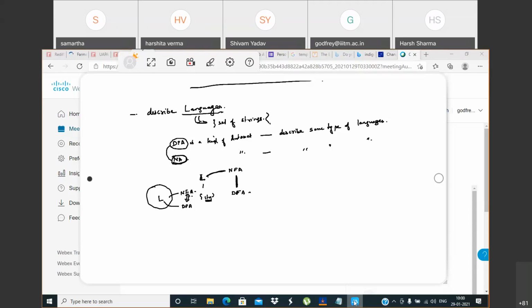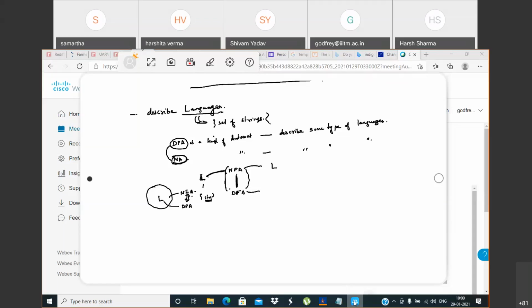In the coming classes we will look at how to define languages by NFA and DFA, as well as how this property of equivalence between an NFA and a DFA is established. So when are they going to be equivalent? If they describe the same language.